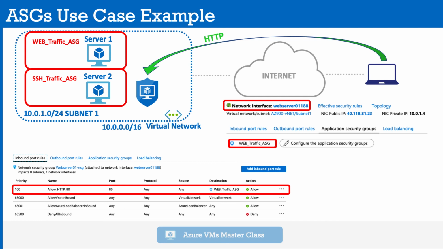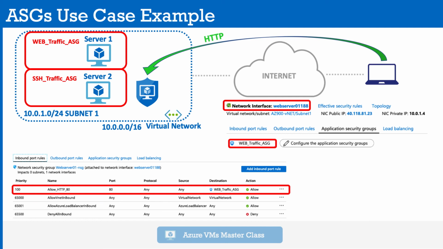And now in the inbound port rules, for example, when you have an HTTP session, so a client is trying to connect to your web server, you can have in your inbound port rules a rule stating TCP, or any protocol, port 80, source any, so from any source, going to destination web traffic ASG.